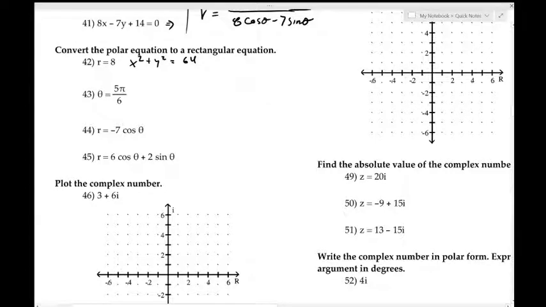Okay, now theta equals 5 pi over 4, so we can figure that out using the tangent function, which is tangent of theta is equal to y over x.